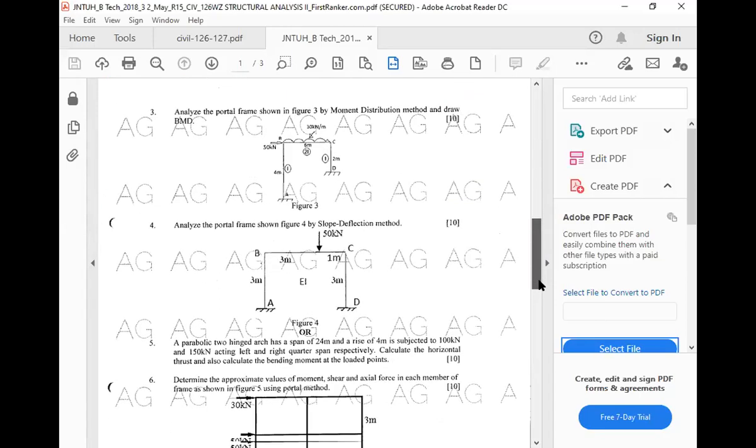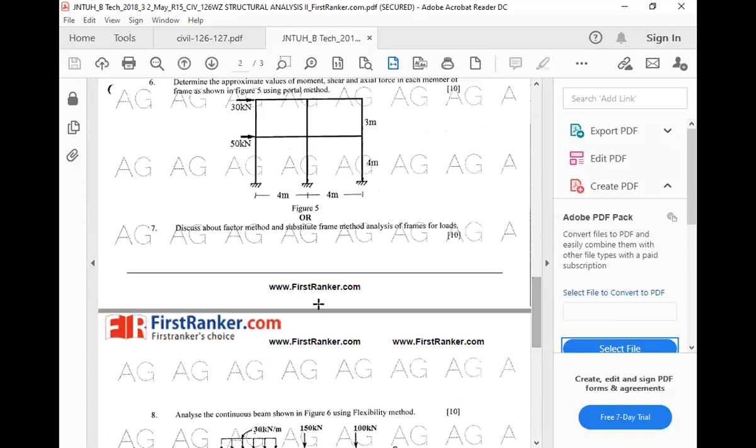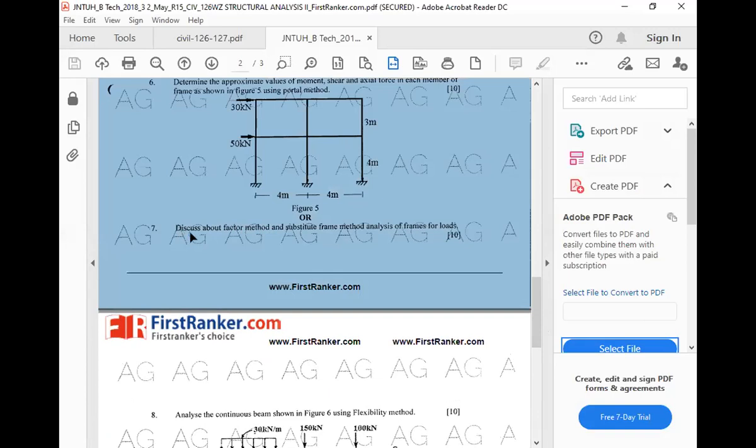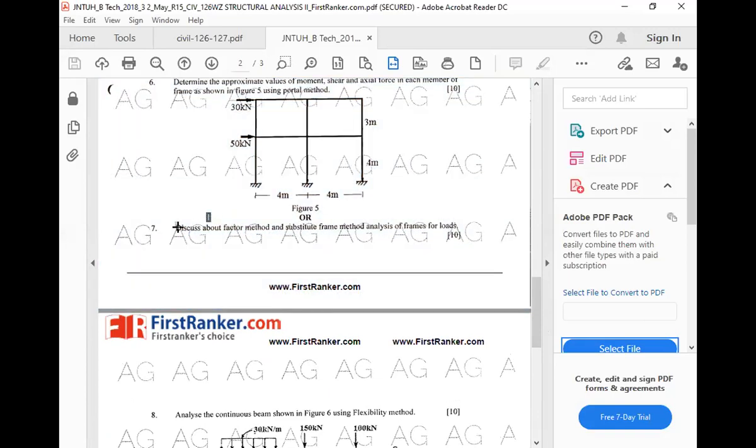See here. Can you see the seventh question? Yes, sir. In the seventh question, discuss about factor method.